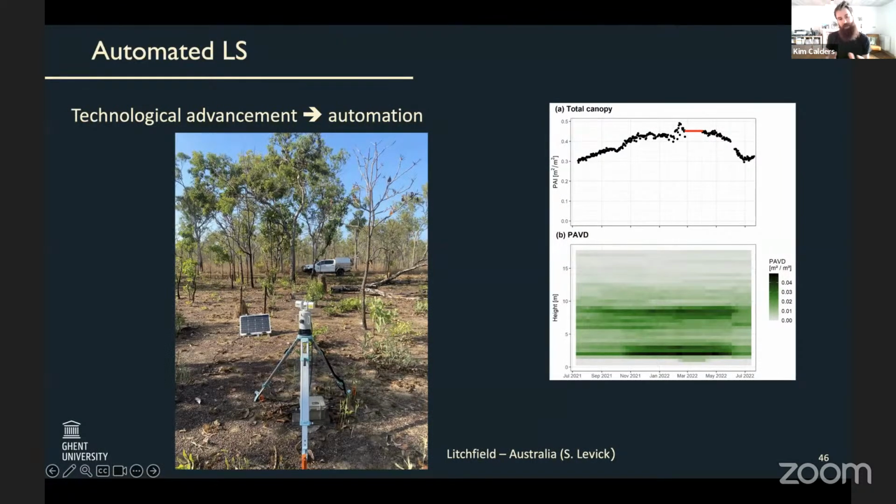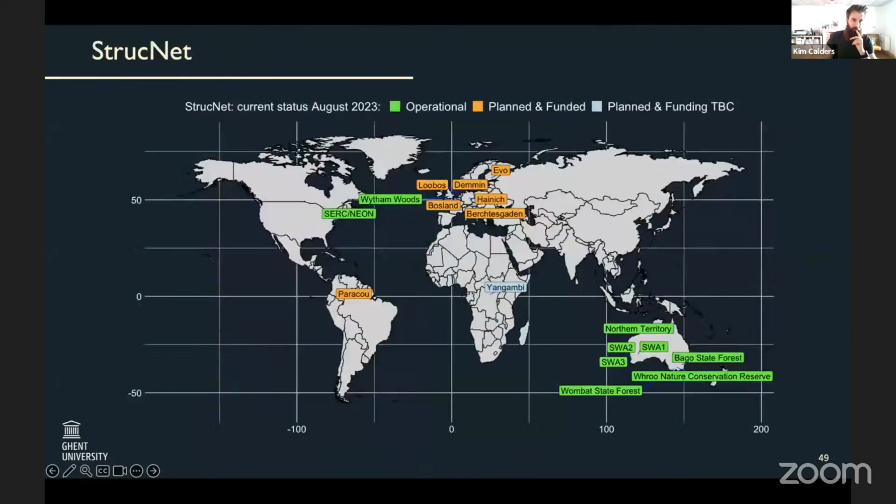And you can really see that the PAVD is changing in different layers through time because we have these daily measurements now to keep monitoring these sites completely automated. So with this, we're trying to build this into a global network.